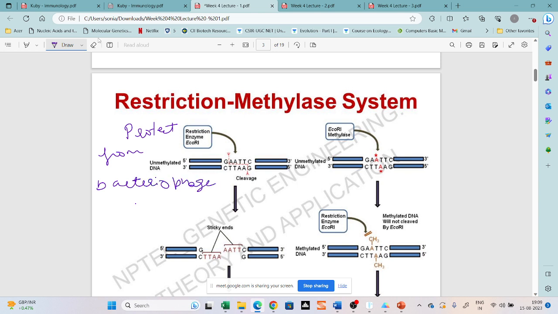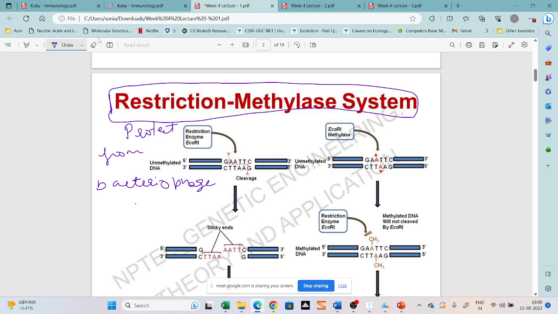And that protection is actually this restriction methylase system. So in nature, these restriction enzymes occur, but they don't occur because these enzymes know that humans will do cloning. There's a need for restriction enzymes, so we have to produce them.